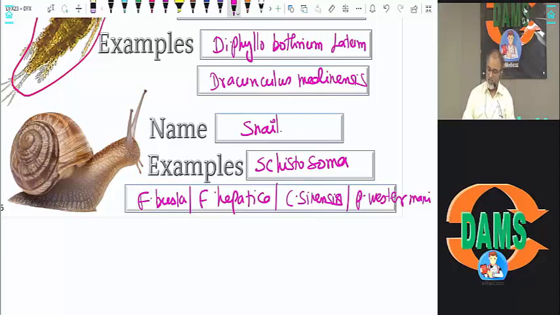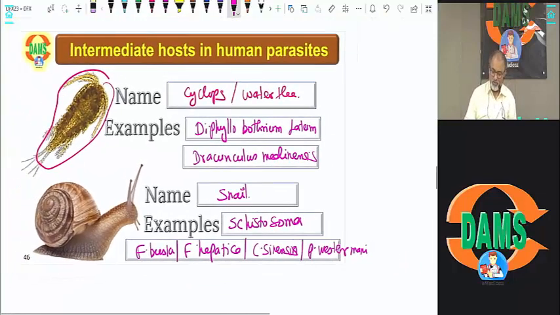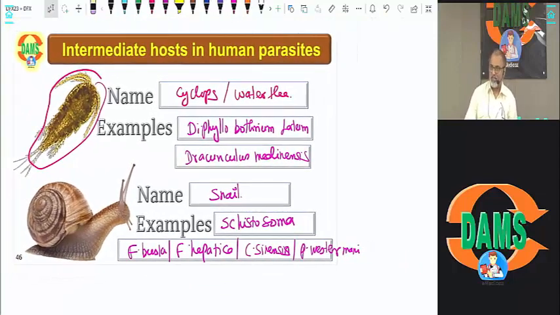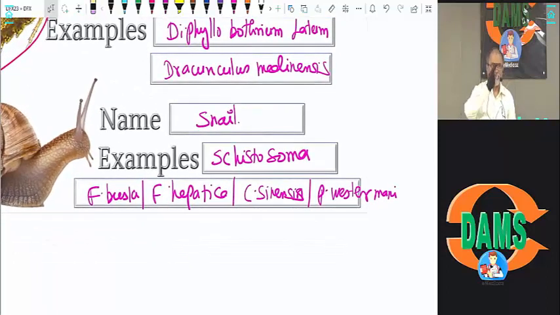Got it? That's all. So you must know the intermediate host of human parasites. Next is very, very interesting. Unless otherwise, for all trematodes, snail is the intermediate host. What are the trematodes? Schistosoma, Fasciolopsis buski, Fasciola hepatica, Clonorchis sinensis, and Paragonimus westermanni.